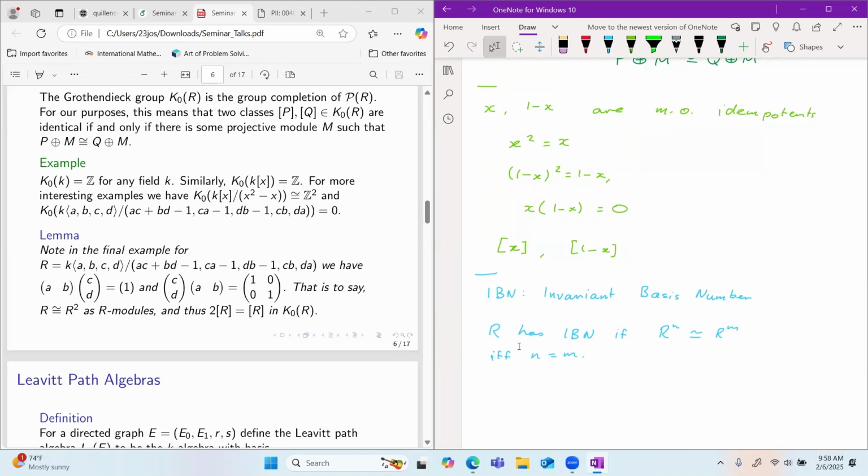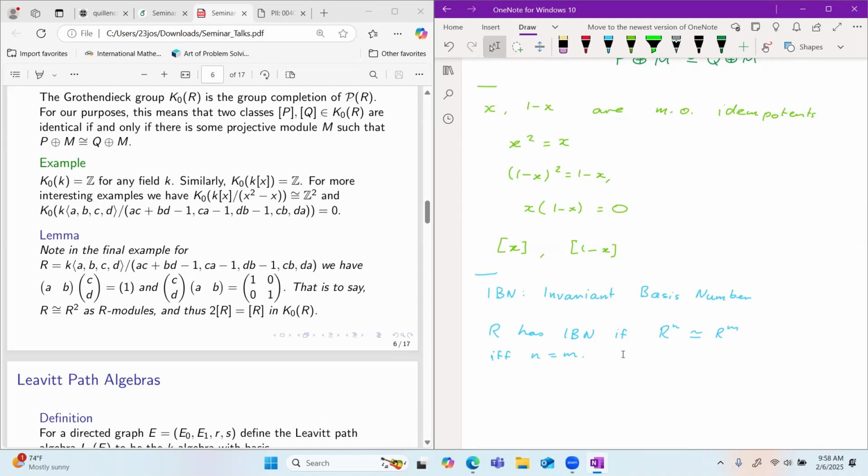It's a very interesting study and largely solved at this point, I'd say, over when rings can or can't admit this property. If you're only interested in the world of commutative rings, you don't have to worry about this. You'll notice here, for instance, that this only works because we assume that these symbols don't commute. In general, if any ring is commutative, it'll always admit the invariant basis number property.